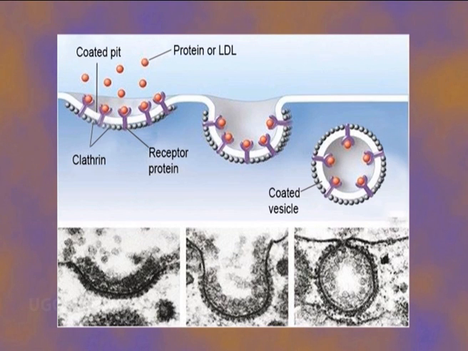Pinocytosis or cell drinking is a kind of endocytosis in which a cell engulfs some of the surrounding extracellular fluid or liquid droplets of diameter approximately 0.1 to 0.2 micrometer. The plasma membrane invaginates, forming a narrow channel into the cytoplasm, and vacuoles pinch off at the channel's inner end.